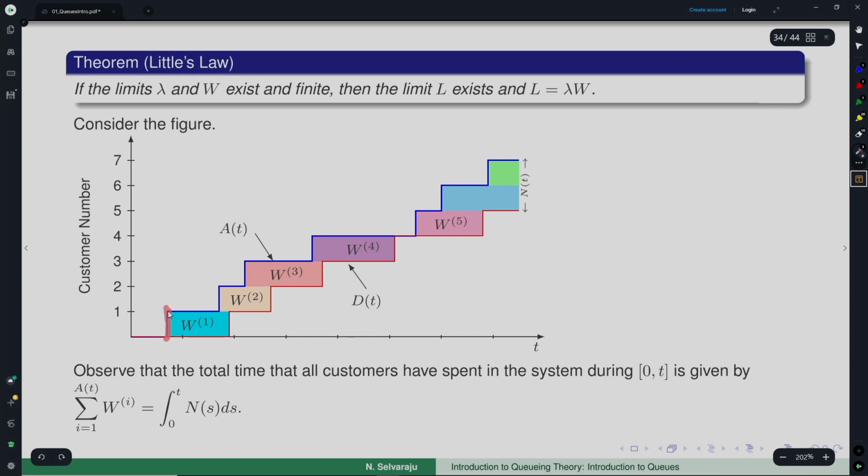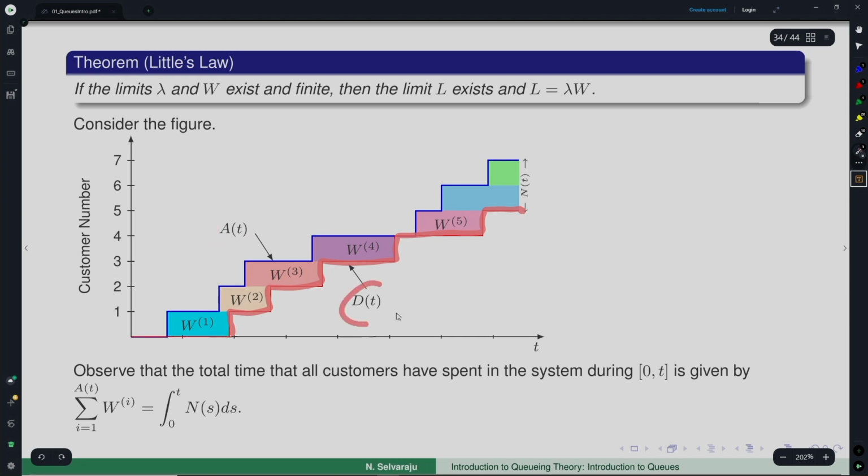This one becomes 1 here, where the upper, the blue bar here. I have to point out that the blue bar denotes the cumulative number of arrivals. And this red bar below denotes the cumulative number of departures, which we define to be d of t. So, this part is d of t, the upper one is a of t.